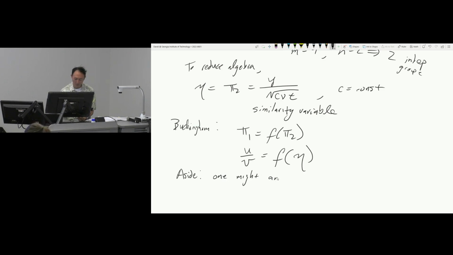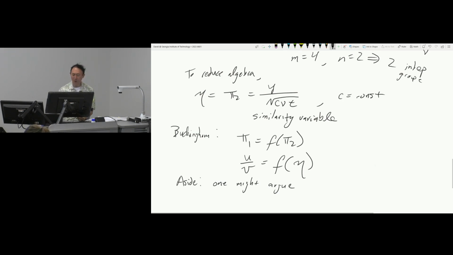Okay, remember the units of nu were length squared over time. So you could argue that basically square root of nu t is a length scale. And people actually have a word for this. This is called the diffusion length scale. Diffusion length scale.